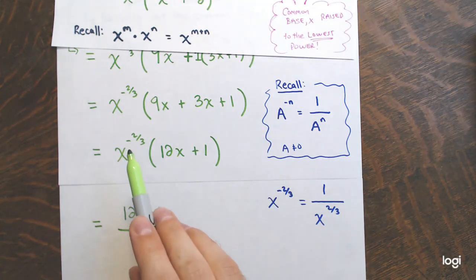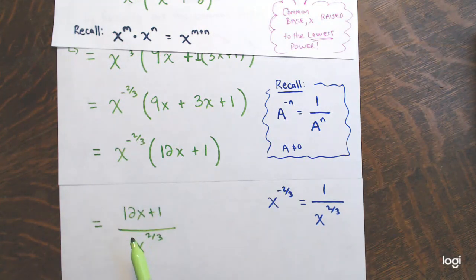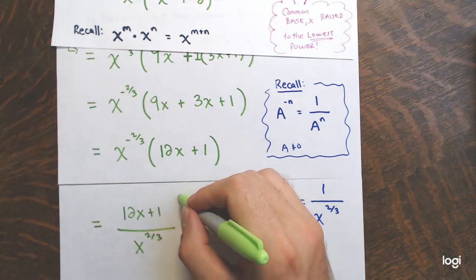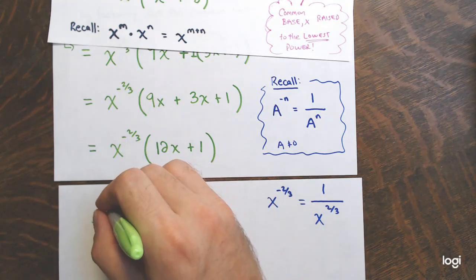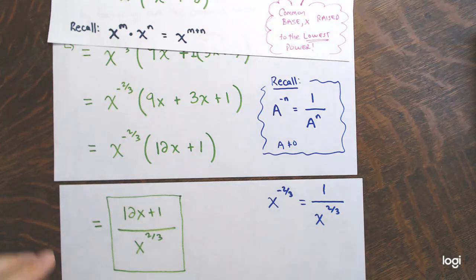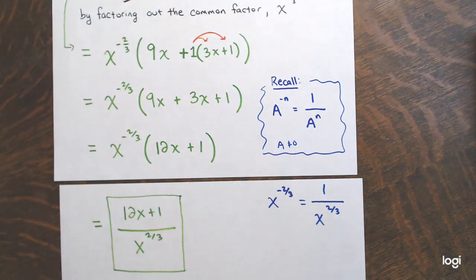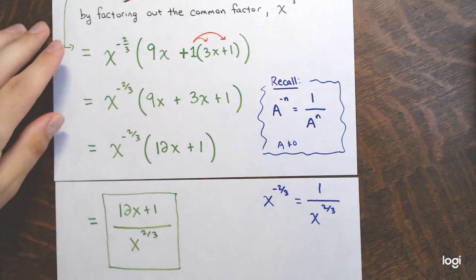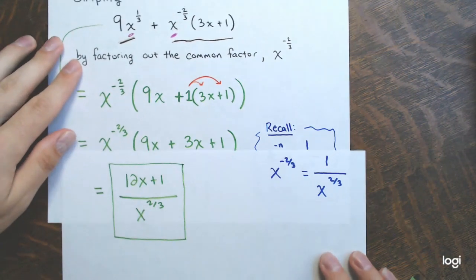And again, x to the negative 2/3 is 1 over x to the positive 2/3, so that puts x to the positive 2/3 in the denominator. Most intermediate or beginning algebra textbooks would expect this answer, rewriting things so that all the exponents are positive. Okay, great. So I'll pop that up here.